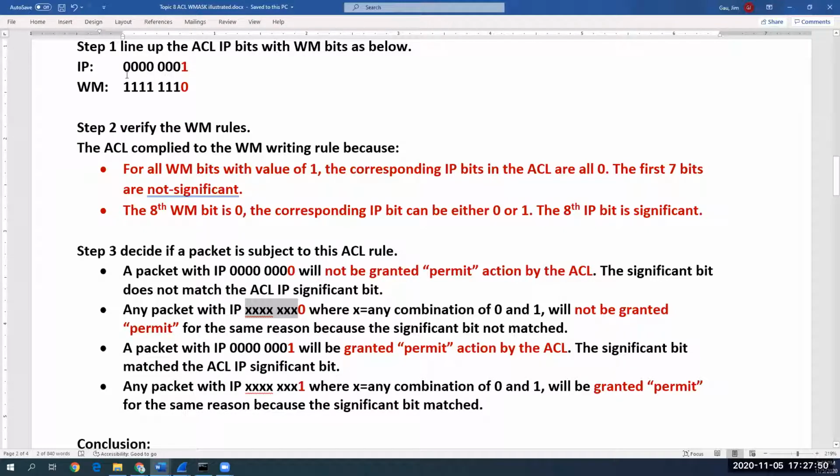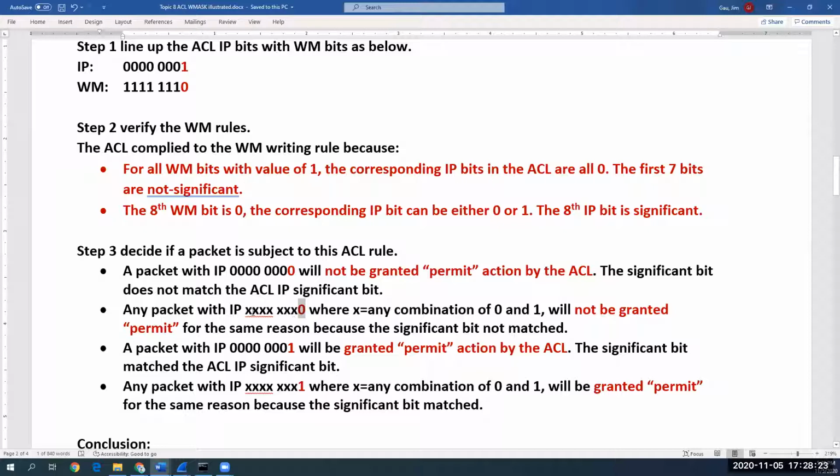I don't care what's in those 7 bits. This ACL possibly will be applied to you because those bits are not significant. We are not going to compare them. We're only going to compare the significant bit. So as long as your 8th bit, the significant bit, matches, the non-significant bits don't matter.